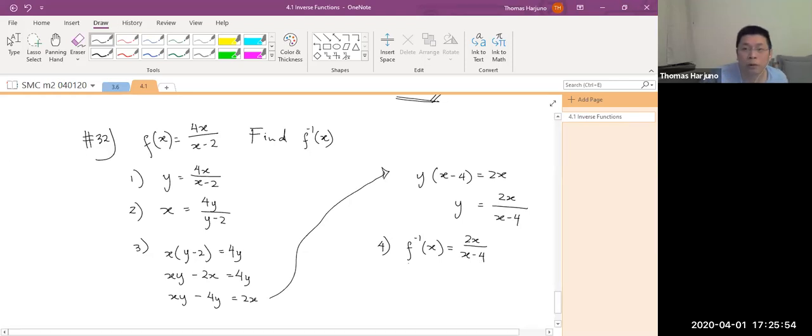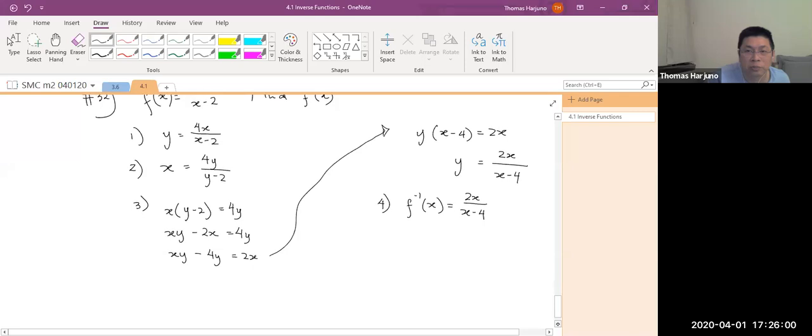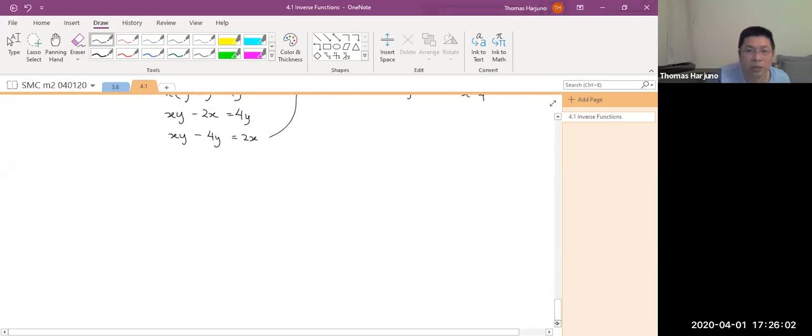Let's do more. In fact, what we have done so far is basically what you learned in intermediate algebra. Now, what makes precalculus different from intermediate algebra? Let's take a look, for example, at number 38.